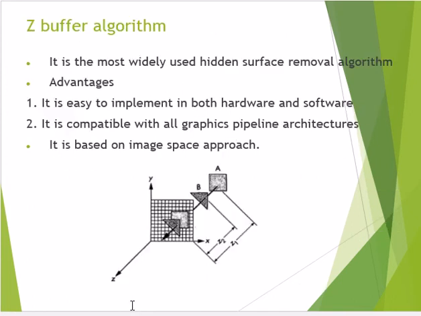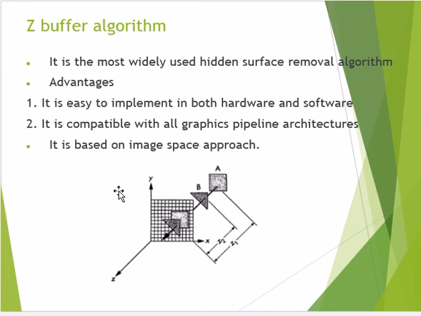The next method is the Z-buffer algorithm. It is the most widely used hidden surface removal algorithm. The advantages of this algorithm are that it is easy to implement in both hardware and software, and it is compatible with all graphics pipeline architectures.